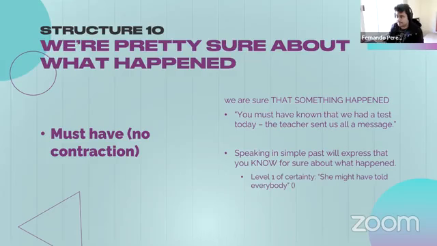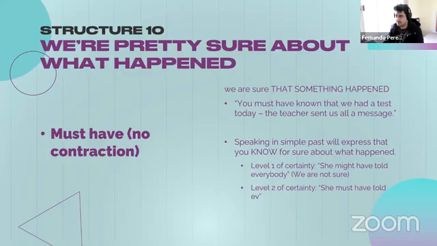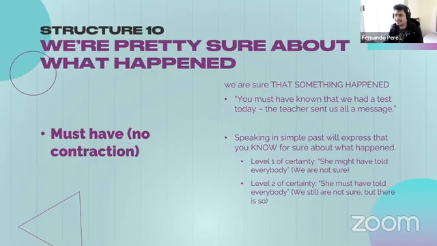Do you agree? Level 2 of certainty. She must have told everybody. Meaning, we still are not sure, but there are so many reasons to think she did it.